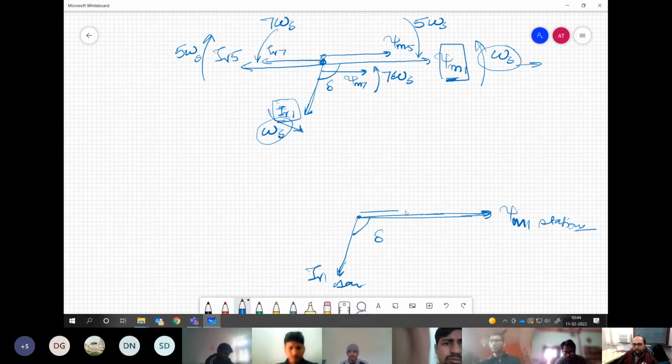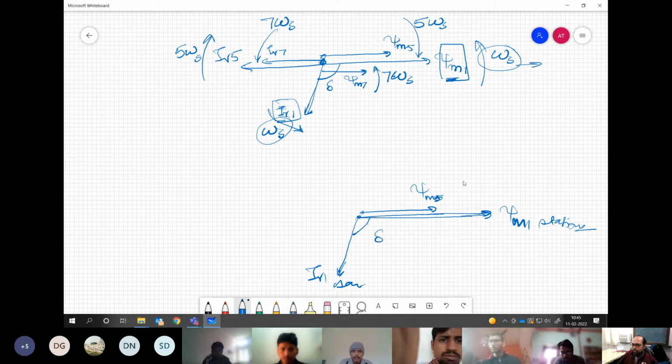Then we will have psi m5. What will be the speed of rotation for this? 6 omega. Yes, 6 omega in the clockwise direction. And what about the 7, psi m7?